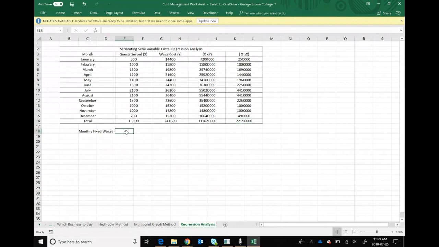So here we go. We take the sum of y, which is right here, multiplied by the sum of x squared, which is right here. And sorry, I'm just going to put a bracket in here because I think that's what's going to happen.